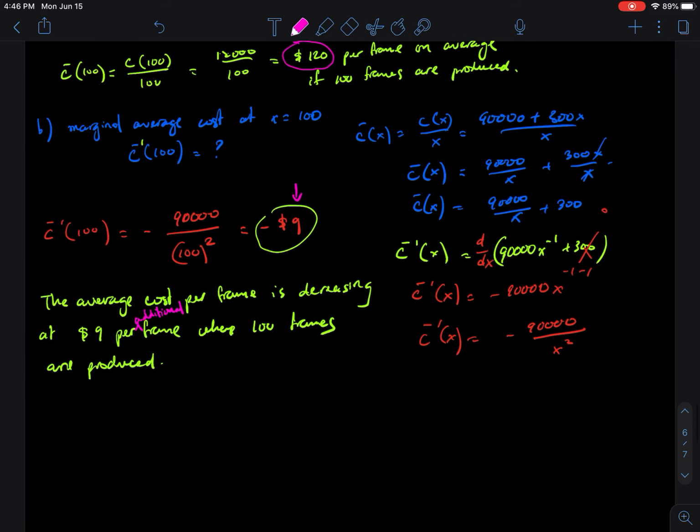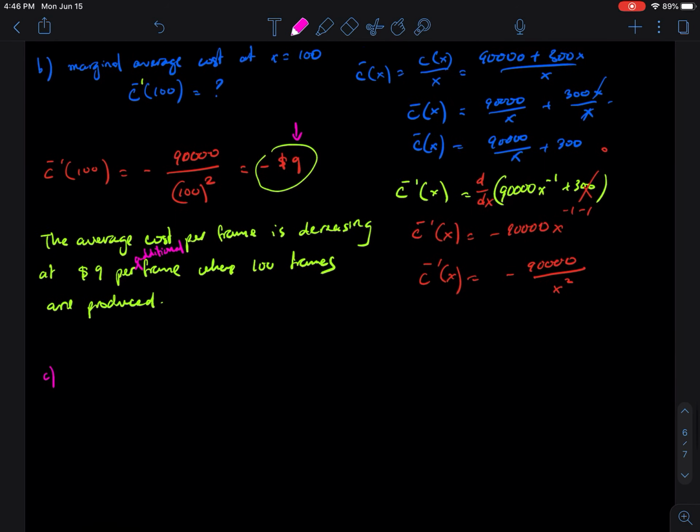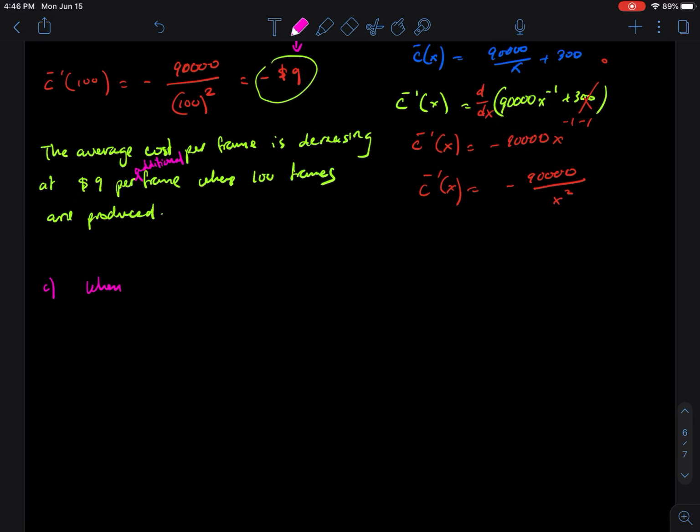So part C, the average cost when 101 frames are produced.